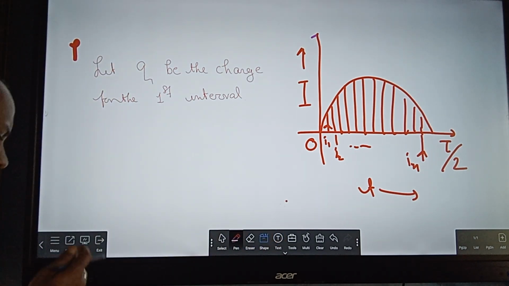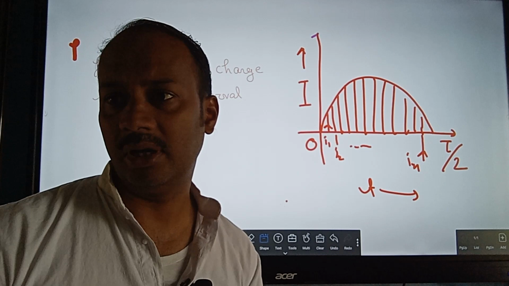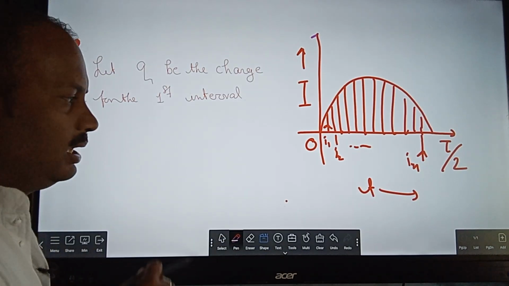Therefore, from chapter 3 we know that Q is equal to I times t.